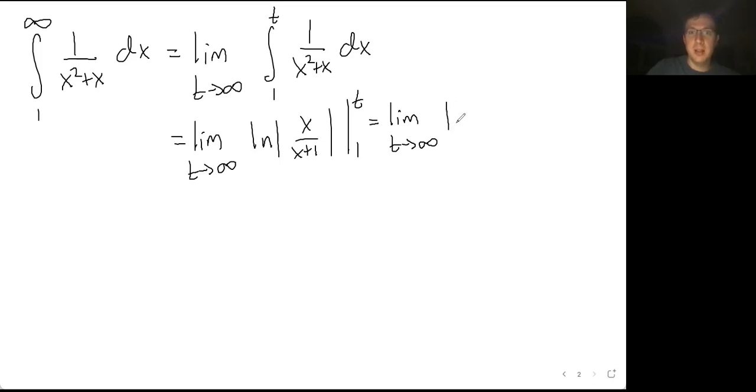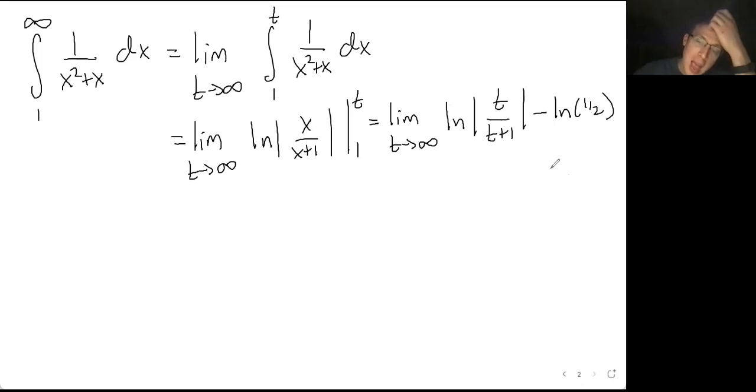Substitute that in to get the natural log of t over t plus 1 minus, if we put in a 1, we get a 1 and a 2. So the natural log of a half. And now we can take the limit of this. What happens is when we take the limit of the first part, we can bring the limit inside.